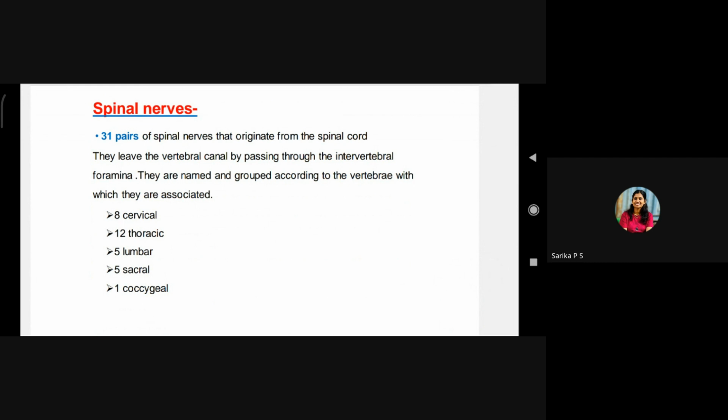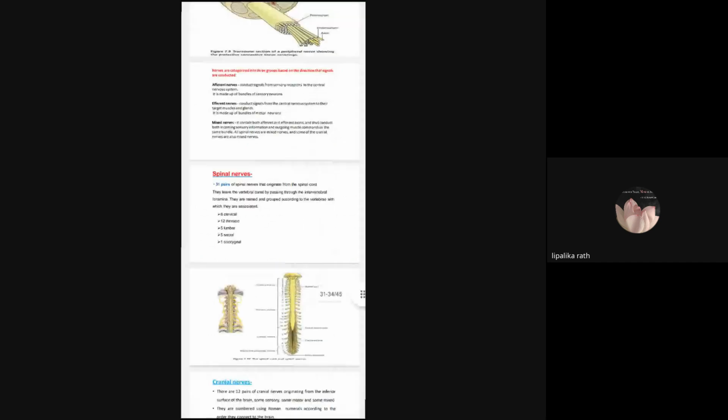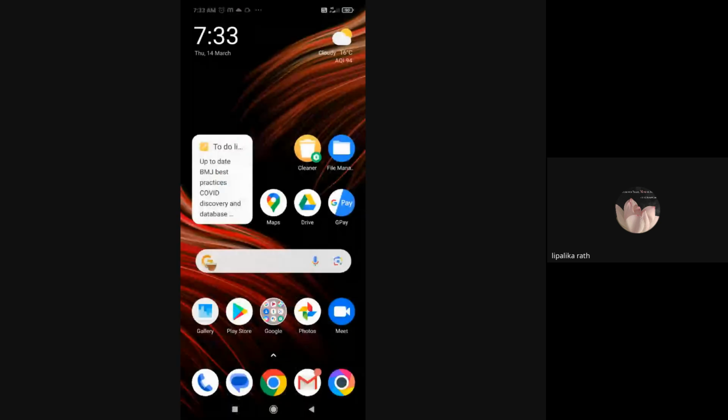We are talking about, what I had asked, the meaning of foramina, right? Ma'am, can I say cavity? Yes, we can say. Let me check in Google. It's not exactly cavity.